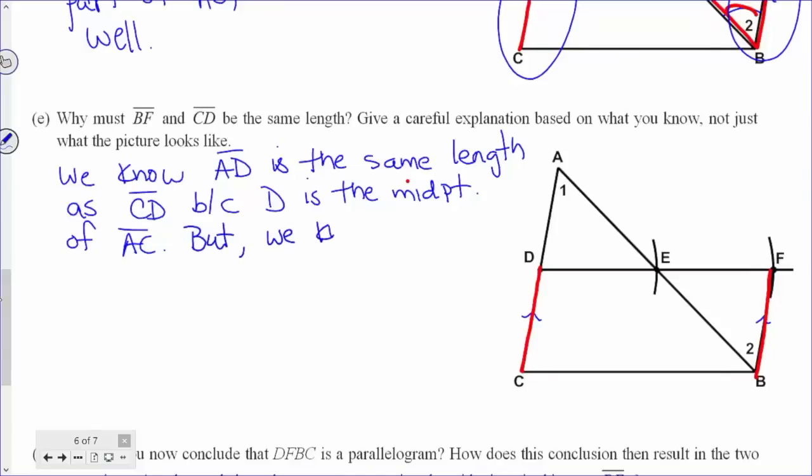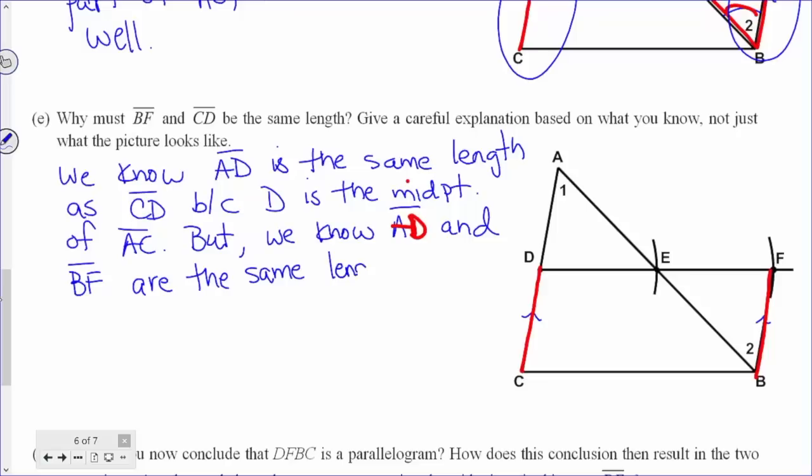But we know AD, hello red, and BF, that was a big one, are the same length by CPCTC, I just can't let that stay. Right?